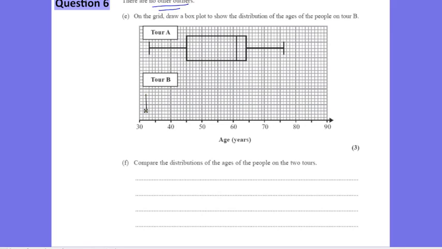Our lower quartile Q1 that we have worked out is 44. 44 is here. Our median, 51, here. Our upper quartile, 58, here.